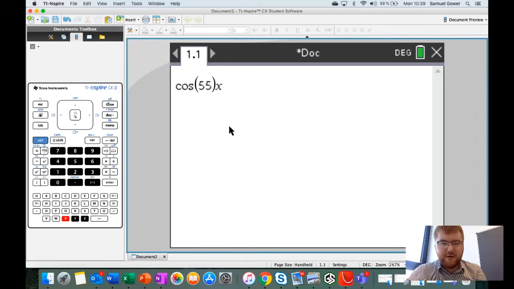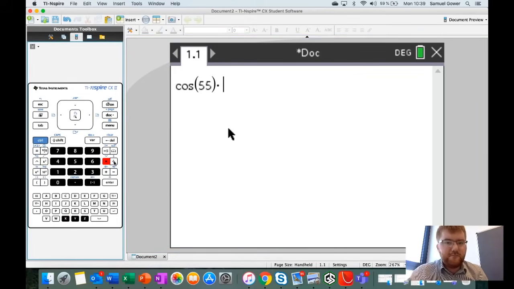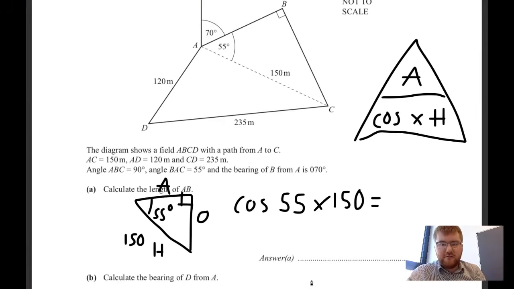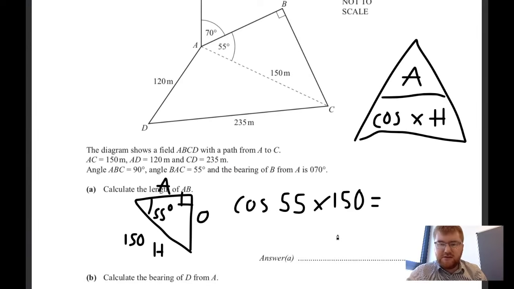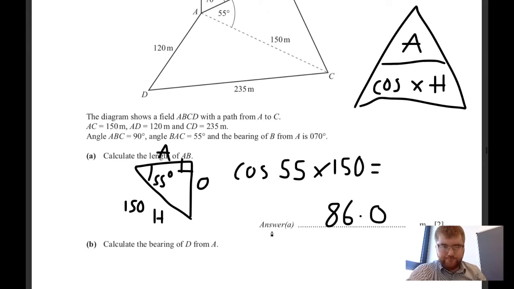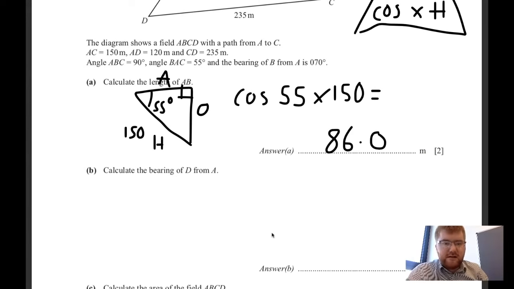So cos 55, times 150, we get 86.0. And quick check of the units, it's meters, so generally we do it to 3SF, so we get 86.0. Okay, all good.